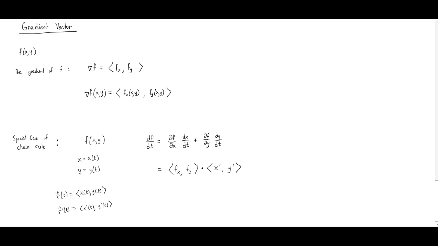So then what I could say is I could write this dot product as the gradient of f dot product with r prime. Writing it out a bit more explicitly, this is saying that the derivative of f of r of t, which I'll write as x of t, y of t, but I'll note the inside is just r of t.